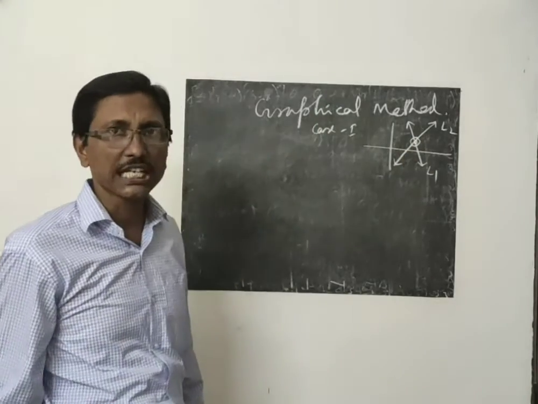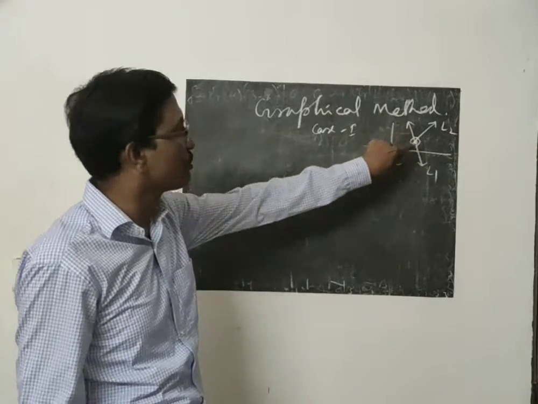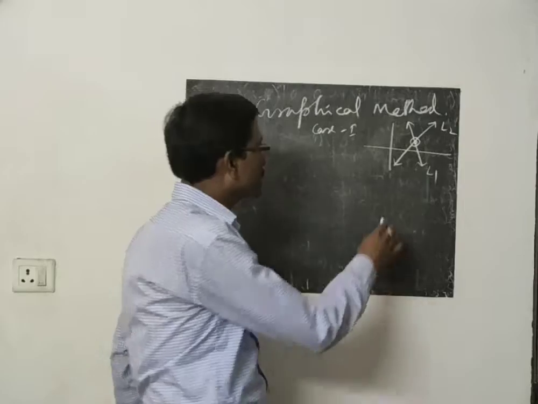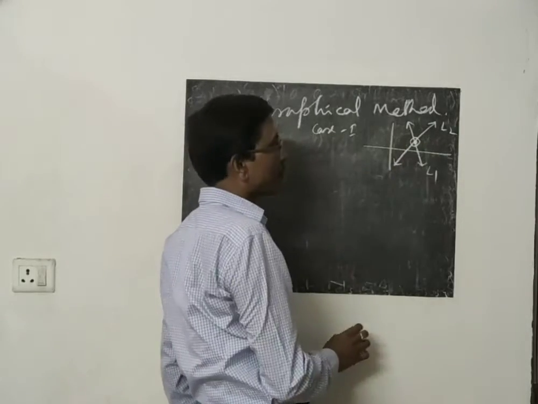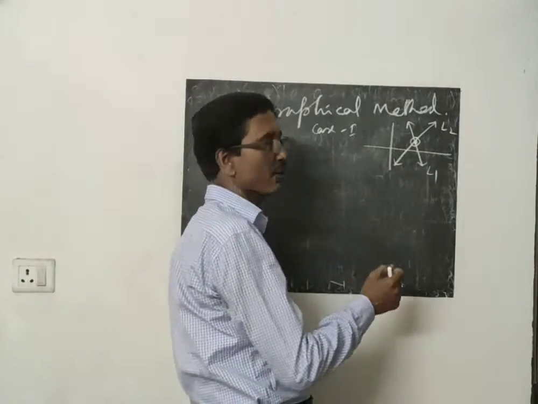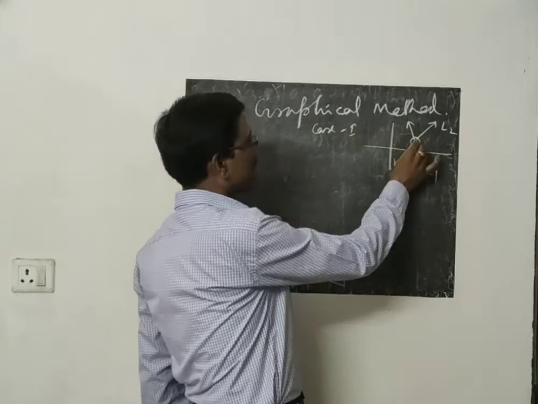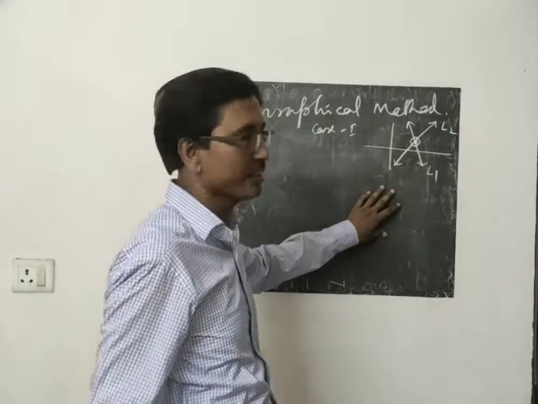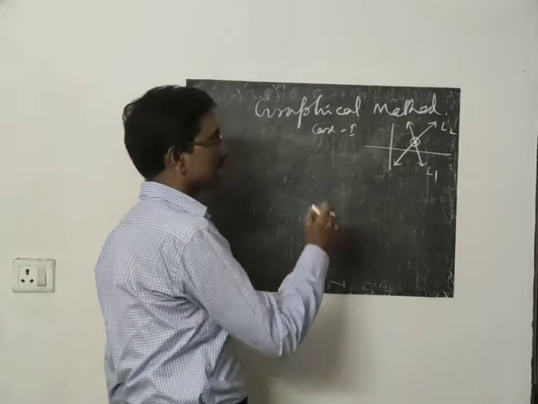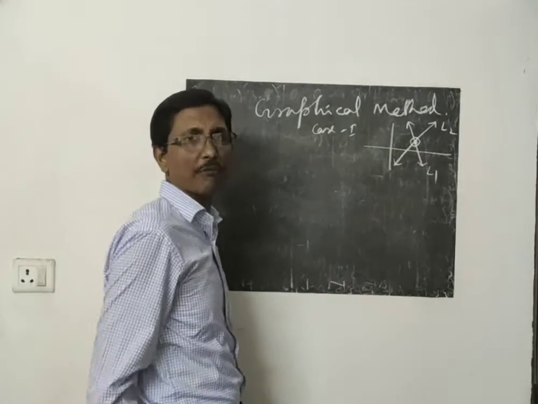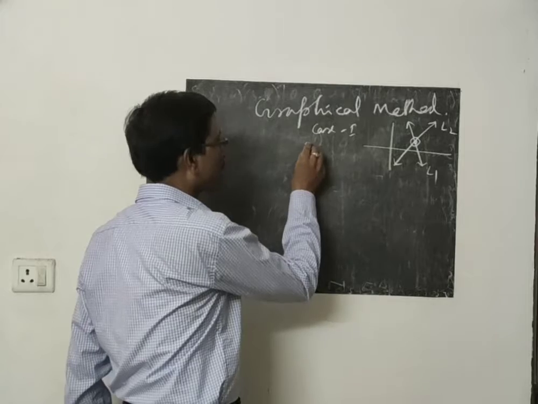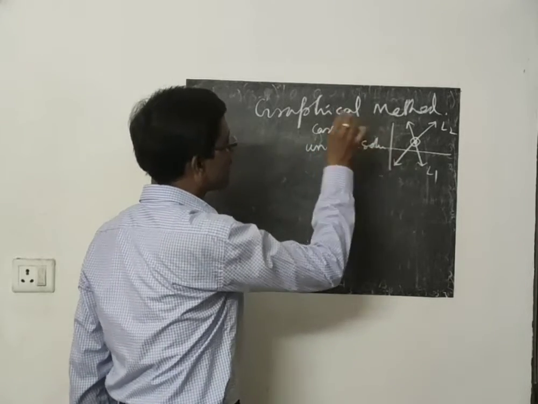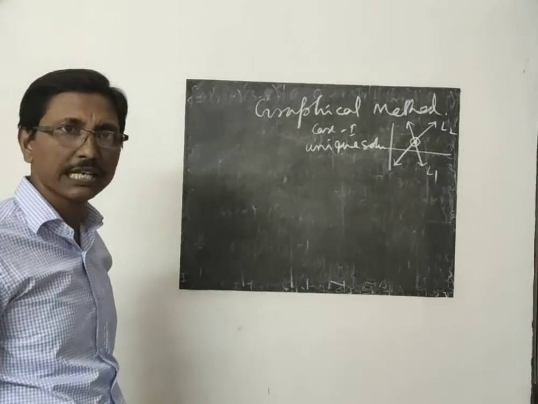That point is common to both lines as well as both equations. So this value of x and y is the solution, the point of intersection. They are intersecting at one point only. So in this case, intersecting lines have a unique solution.